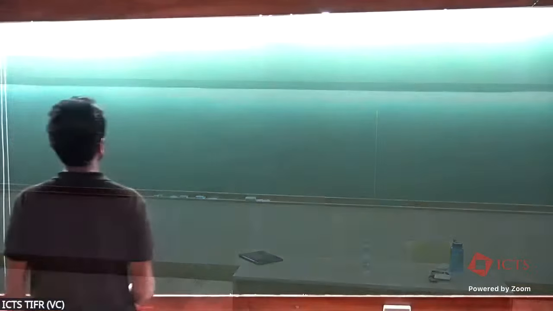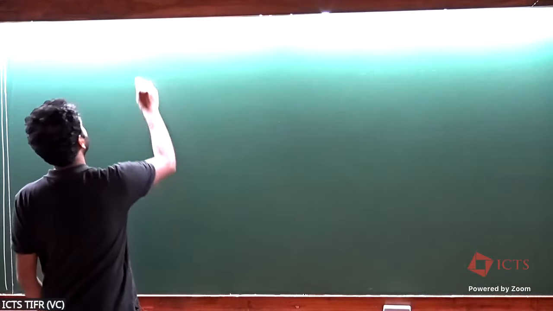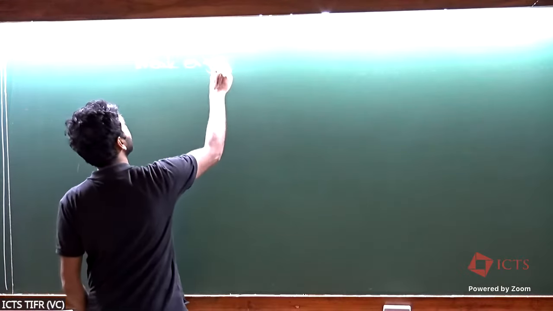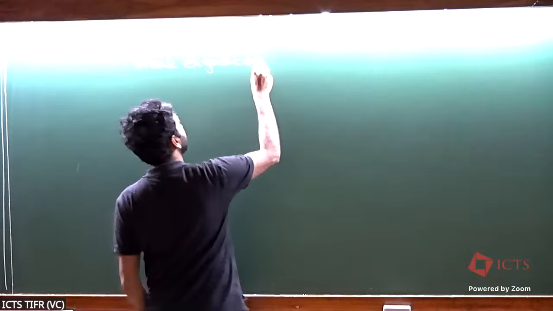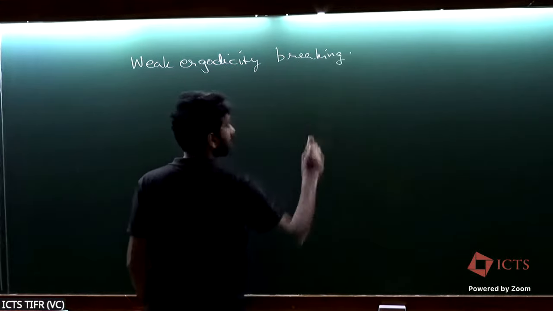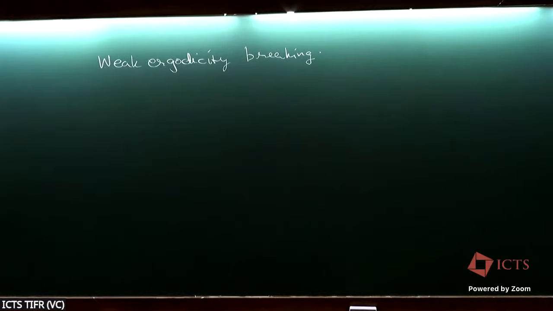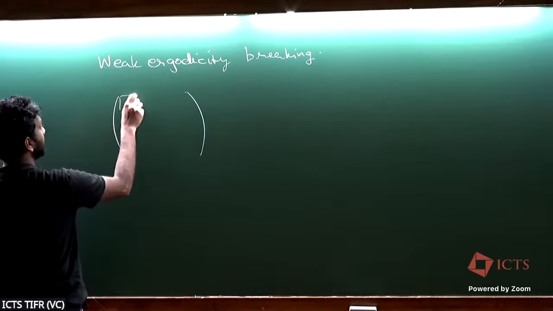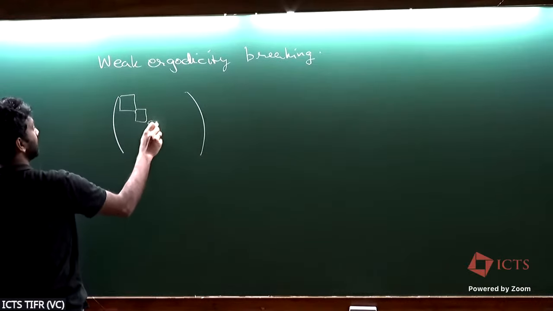So yesterday, just to give a recap, there were these phenomena of weak ergodicity breaking, where we saw that Hamiltonians could seem to be more block diagonal than expected.